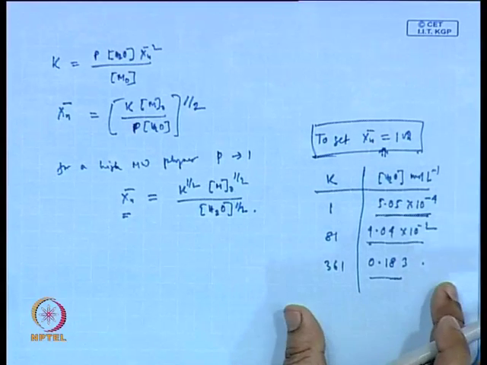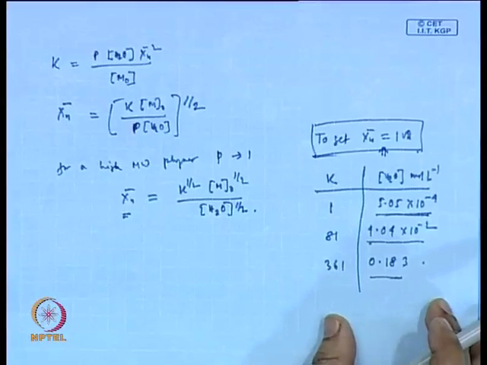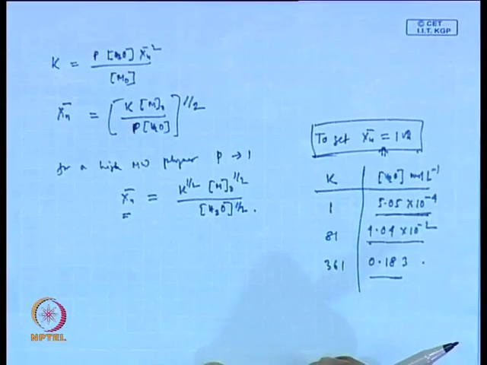So, again this means that if you want to build a high molecular weight, it is always better to take the condensate out of the system.